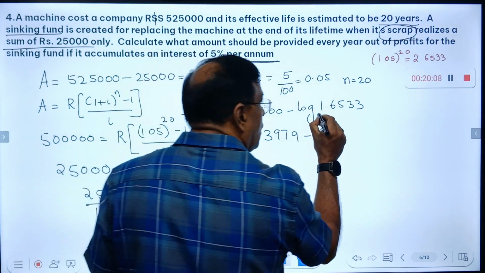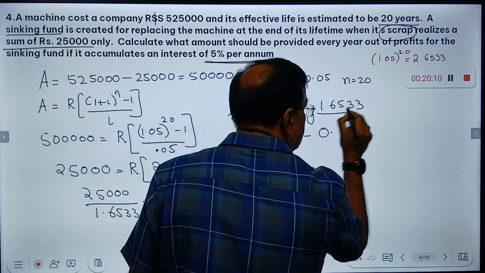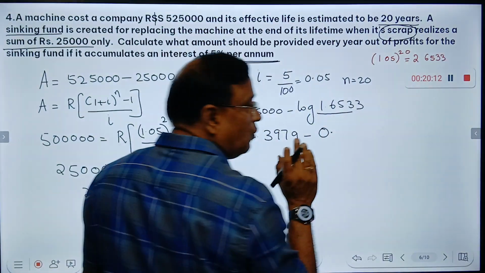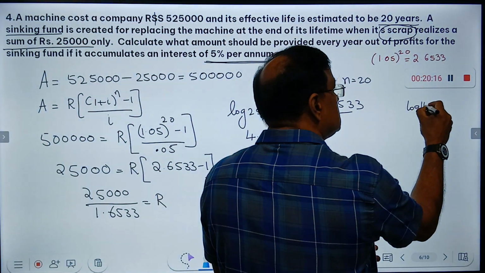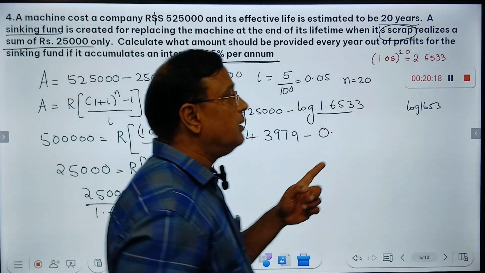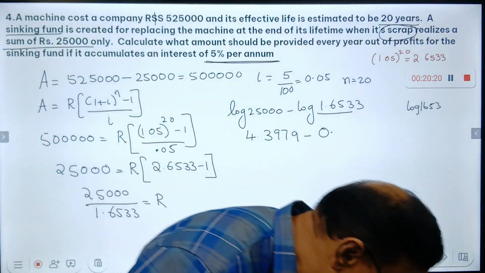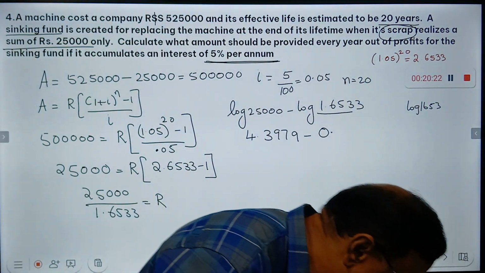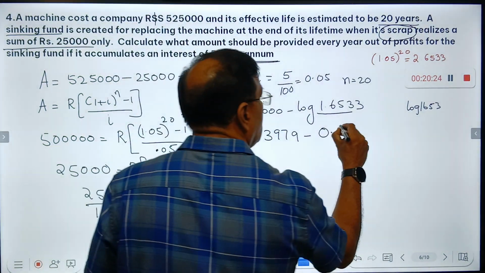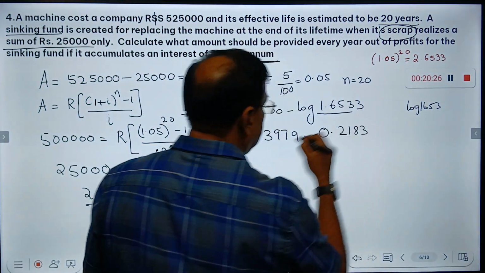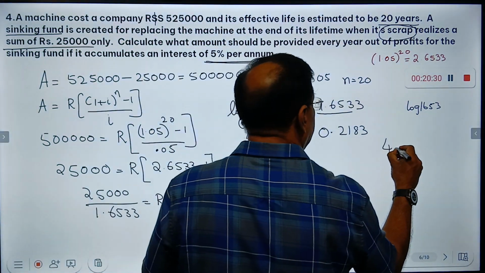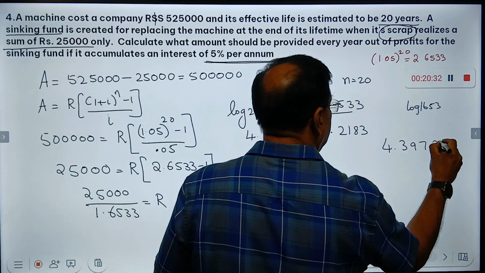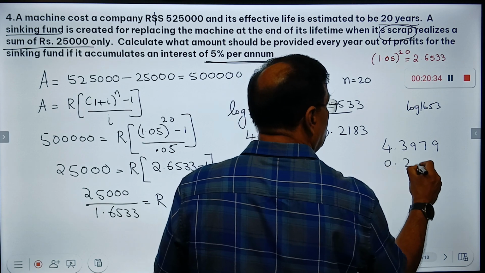Look at the log of 1653. Ignore this 3. 165. You have to look only at log of 1653. Okay. What is log of 1653? I think I am getting 2183. Now I am going to subtract this. 4.3979 minus 0.2183.